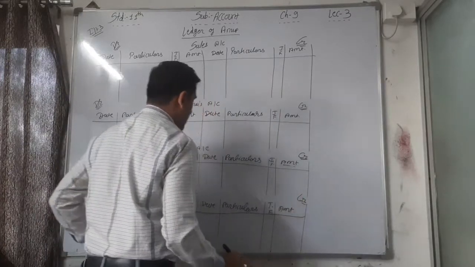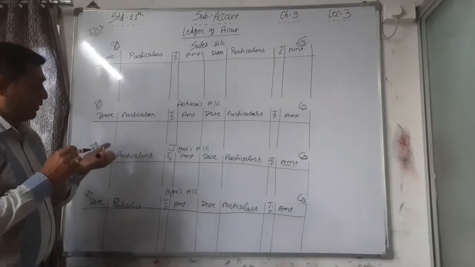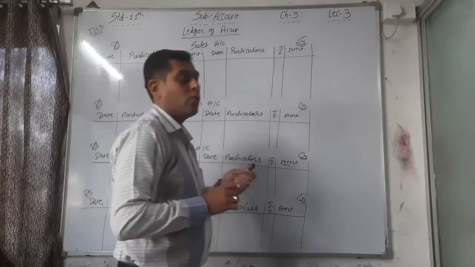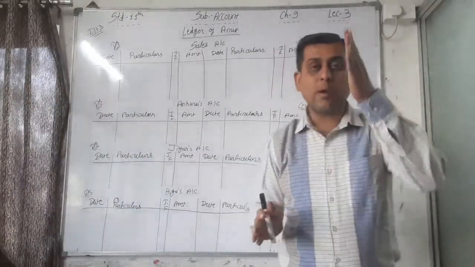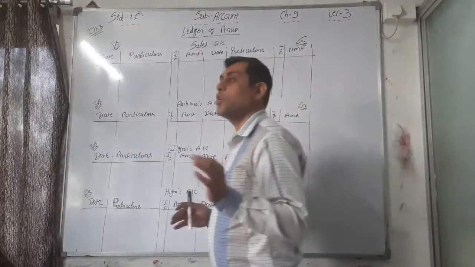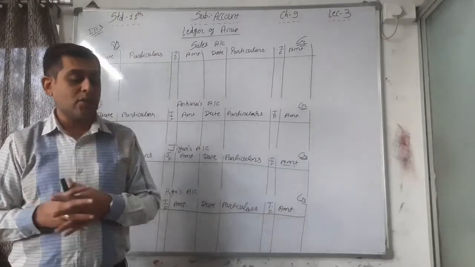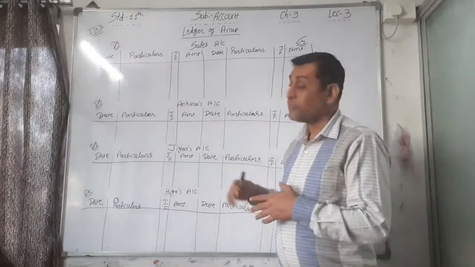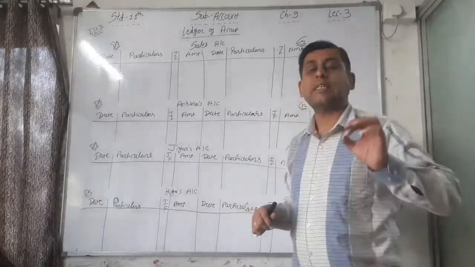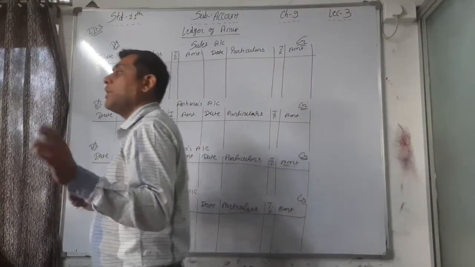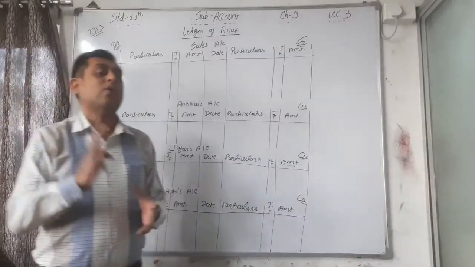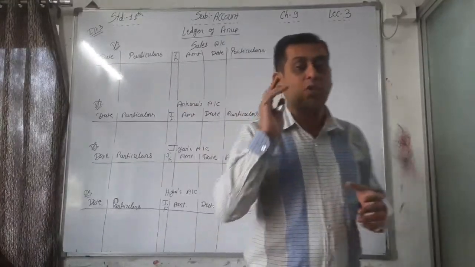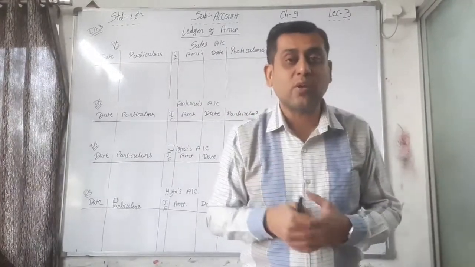See the ledger posting here. In the sales book, whatever the total amount is, 38,250 is the total of the sales book that we have to record on the credit side, because sales is always credited. What is the journal entry? Whenever you are recording from the subsidiary book, first of all you have to make the journal entry for that also.